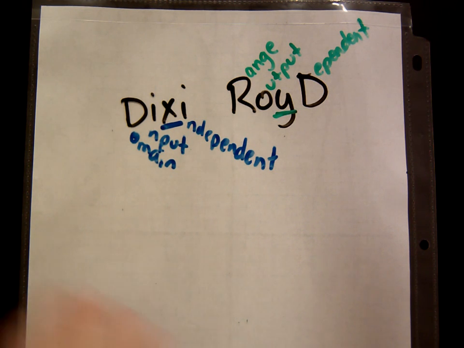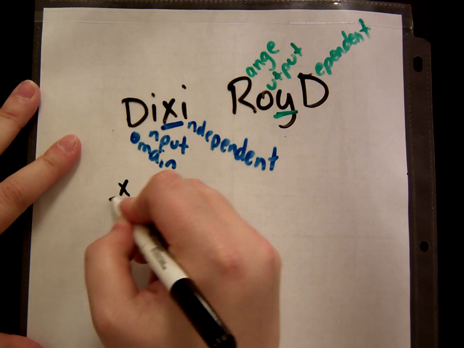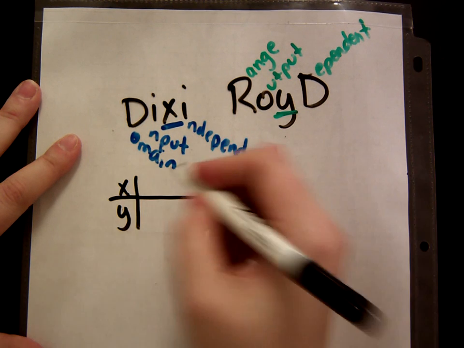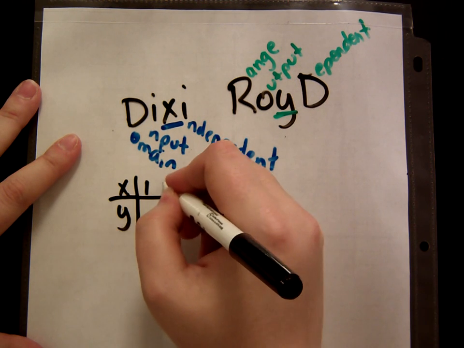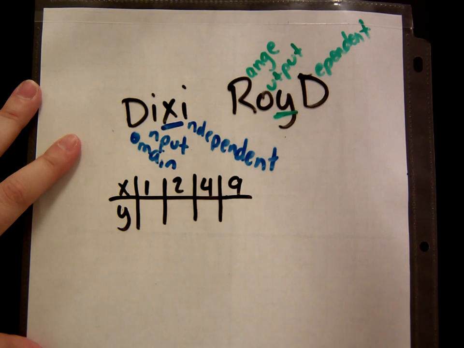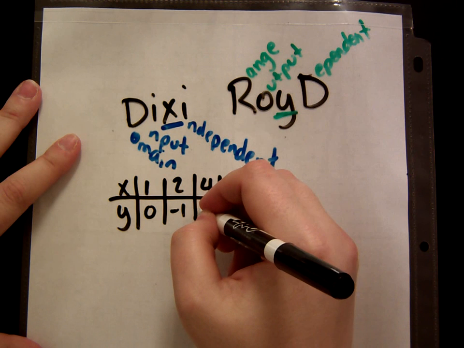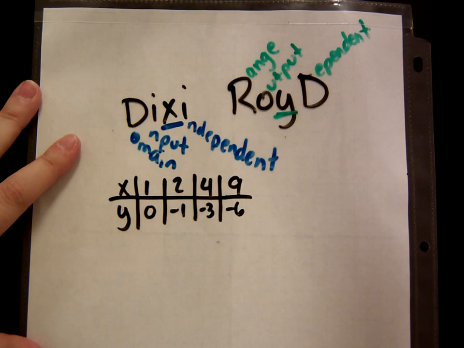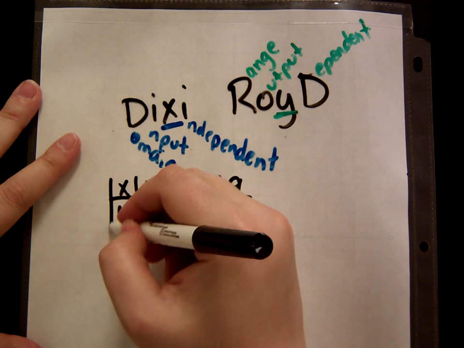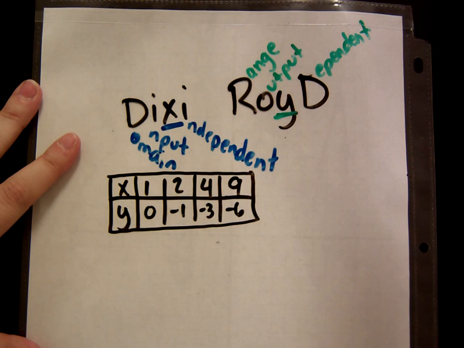So, for instance, let's just say I had a table of X and Y values. So X can be 1, 2, 4, and 9. The Y's might be 0, -1, -3, and -6. When it is disconnected points like this, your domain and range will be individual points.